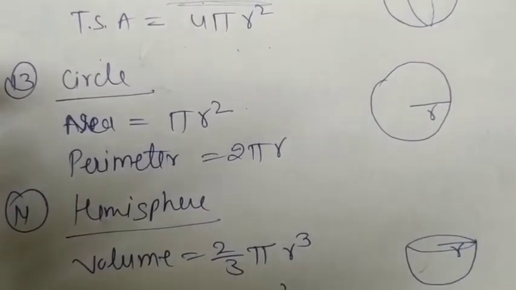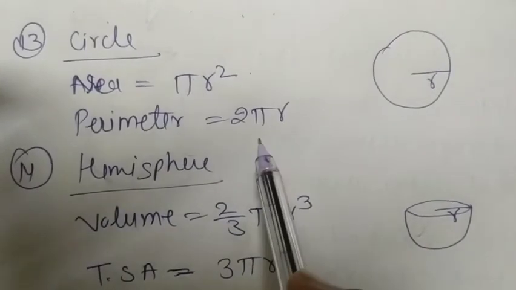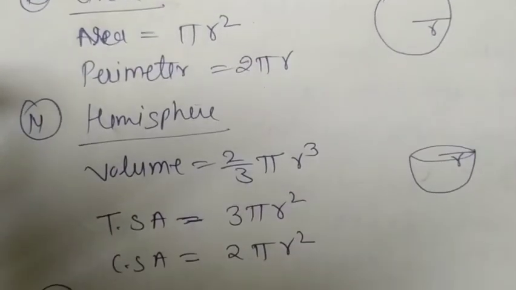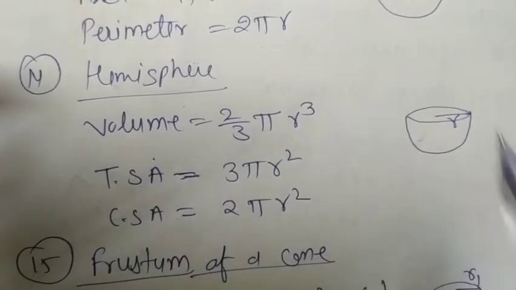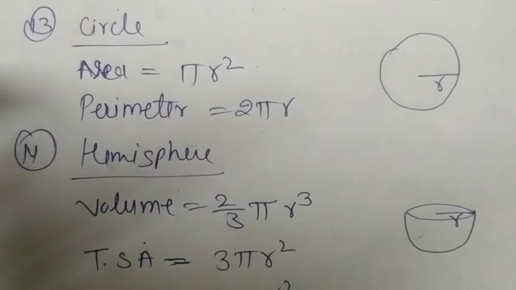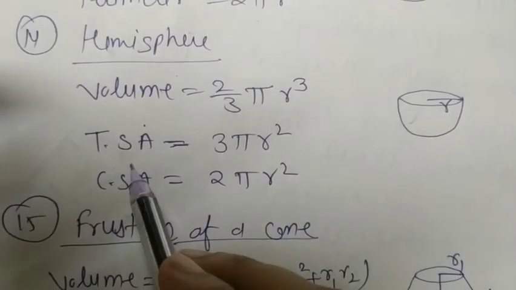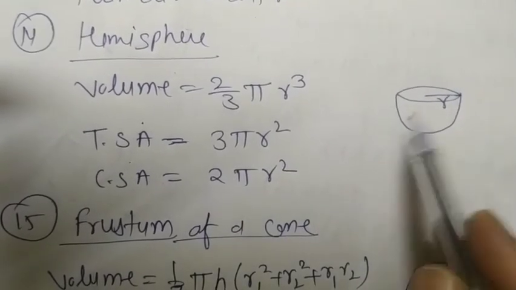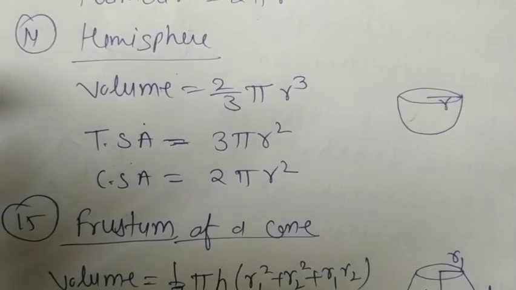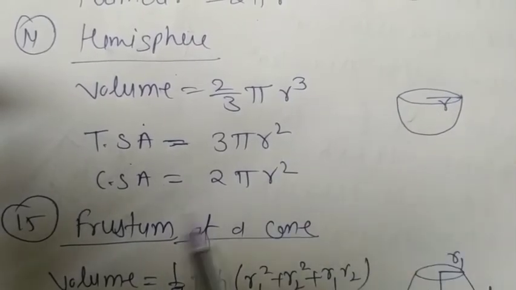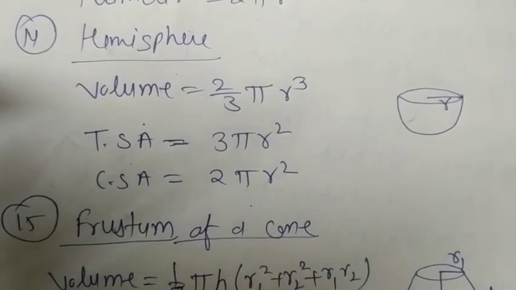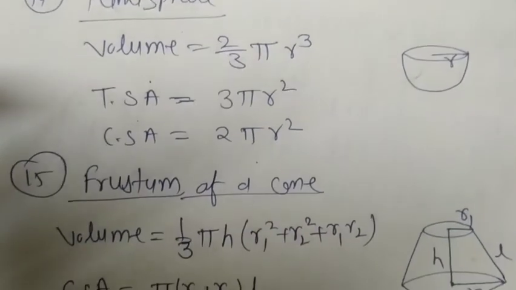Circle: area is pi r square, perimeter 2 pi r. When we come to the hemisphere, the volume will be half of the sphere, and the TSA is the curved surface area plus top area. And the curved surface area is just half of the sphere.